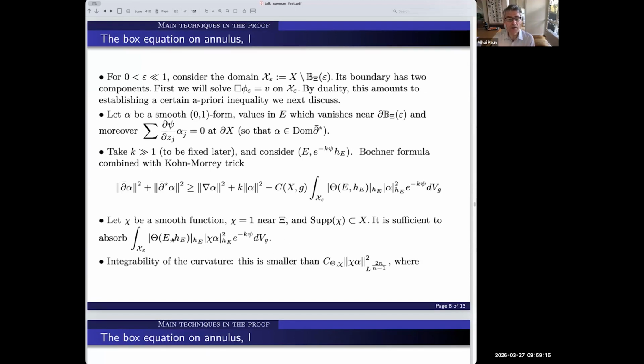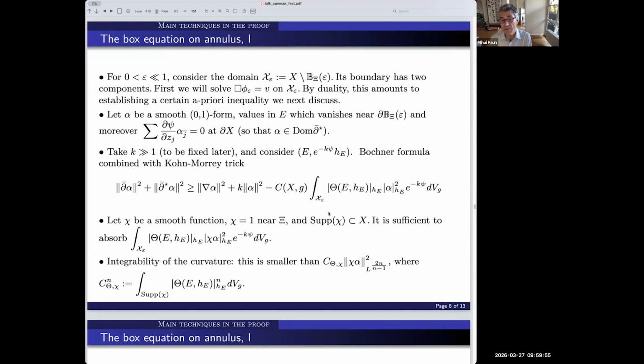And now here, I want to take advantage of what we have, namely that the curvature is in Ln. So by Hölder, this is smaller than some constant, which I will write in a moment, times the norm of chi times alpha, right? So the constant in question is exactly this, the 1 over n-th power of this integral. And then here, what we see is something which is very unpleasant, in the sense that here I have only the L2 norm, but 2n divided by n minus 1 has the bad taste of being bigger than 2.